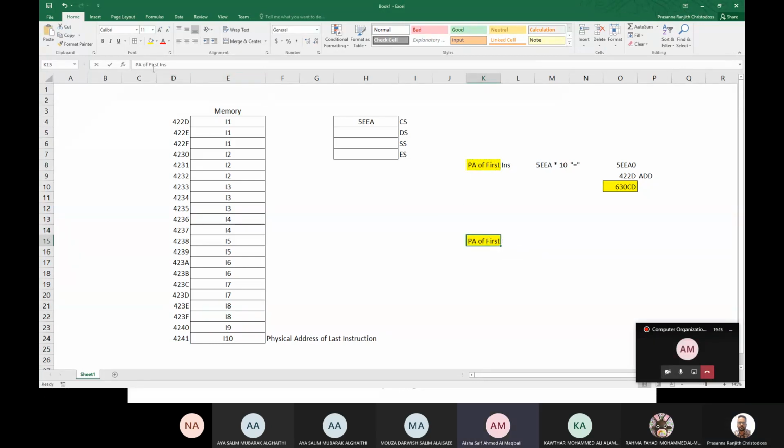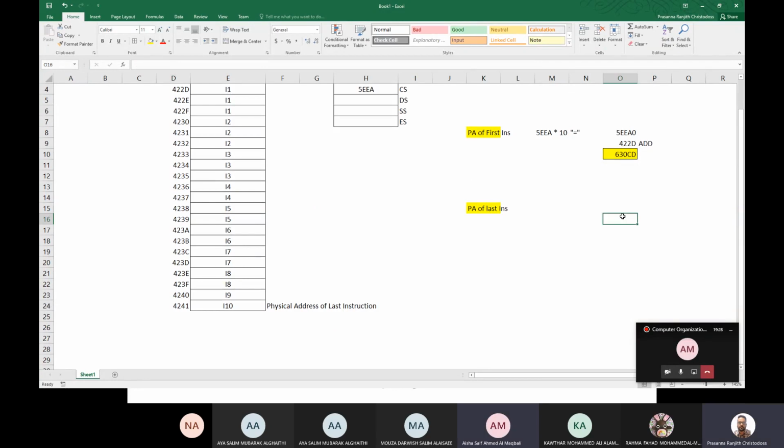Now we should add 5EEA0 with 42 41. What's the answer now? 0 with 1 is 1, 0.